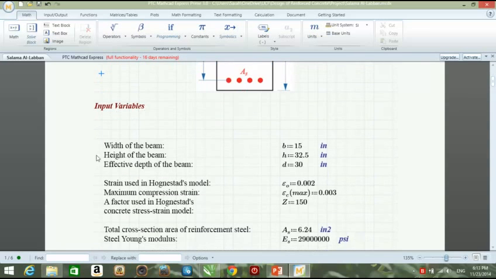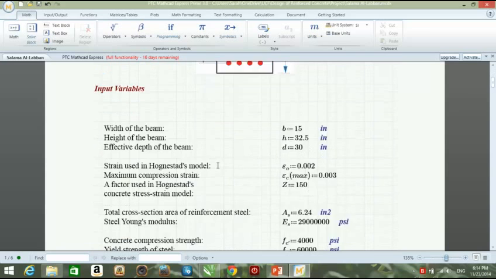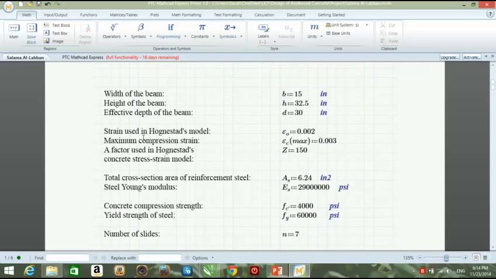The input variables will be: width of the beam equal to 15, height of the beam 32.5, and effective depth of the beam 30. The strain used in the Hognestad model will be 0.002 and sigma c max will be 0.003, and the factor used in the Hognestad concrete stress-strain model will be equal to 150.